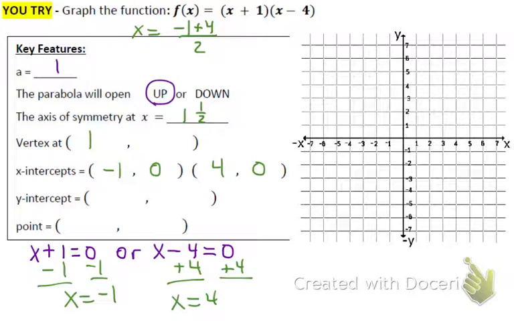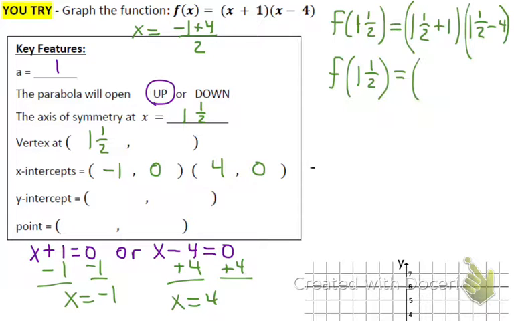Vertex, you'd have to plug the 1 1/2 in. So plugging in the 1 1/2, you'll add 1 1/2 plus 1, 2 1/2. 1 1/2 minus 4, -2 1/2. And then you can multiply those together. And you should be getting -6 1/4, I believe, when you multiply those together.